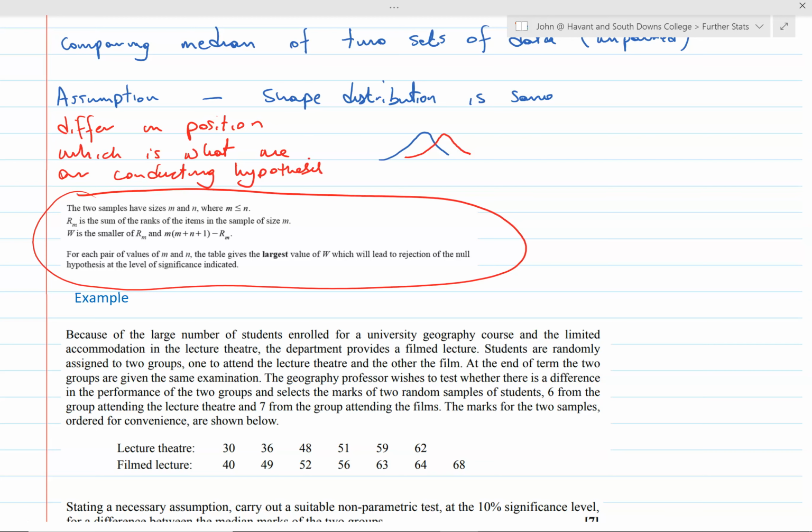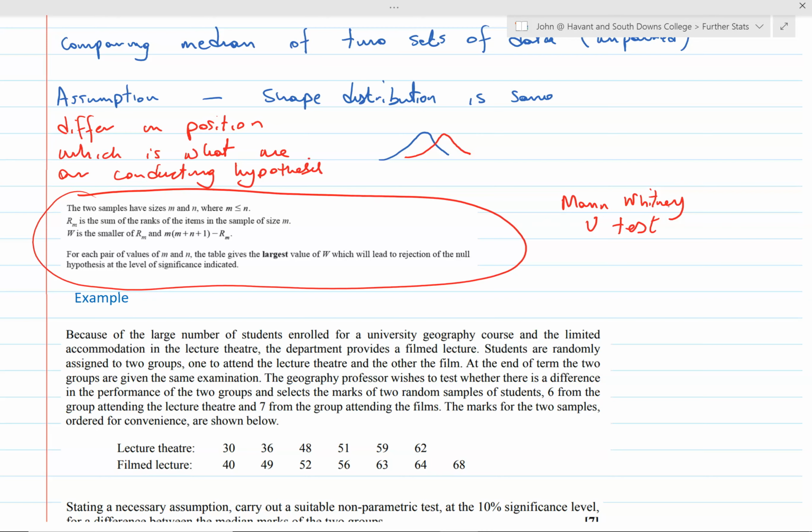Incidentally, I think I've mentioned this before, this is directly equivalent to the Mann-Whitney U test, but it's a slightly different process, I believe. It does the same thing, so you'll get the same outcomes as you would with a Mann-Whitney U test.